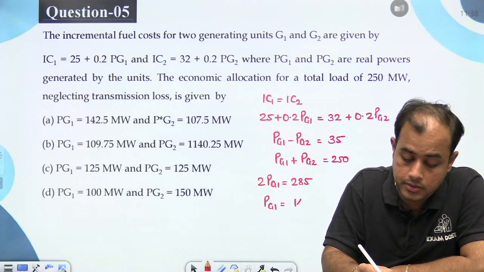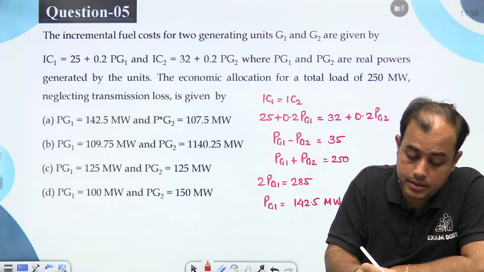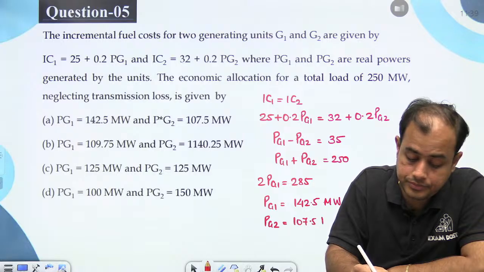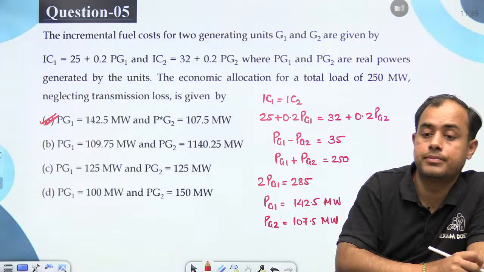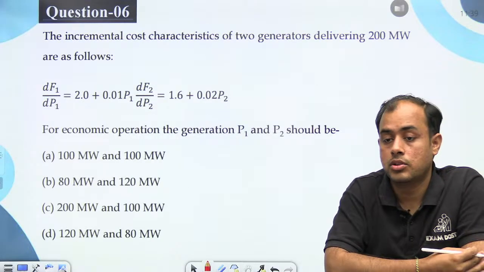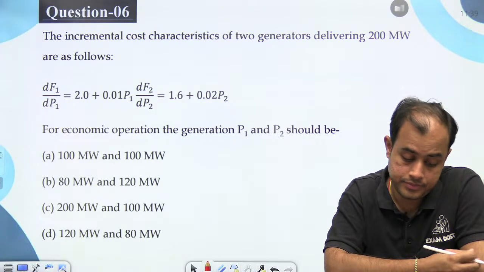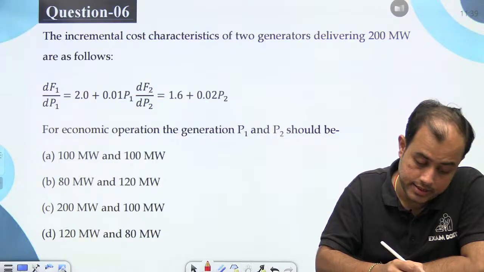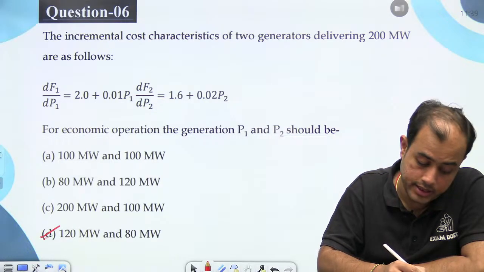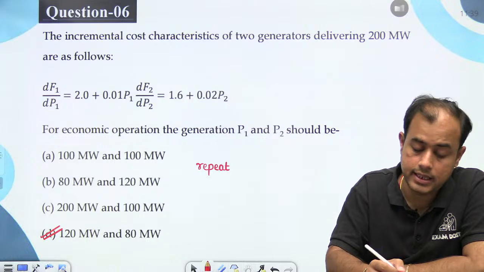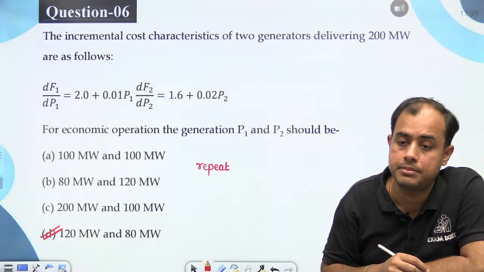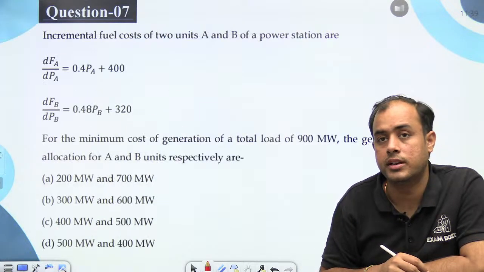PG1 is 142.5 megawatt and PG2 is 107.5. A option. Okay. Next. Again, beta, same question repeated, ESE 2013. You can even see with the data they are repeating the same problem based on economic load dispatch.